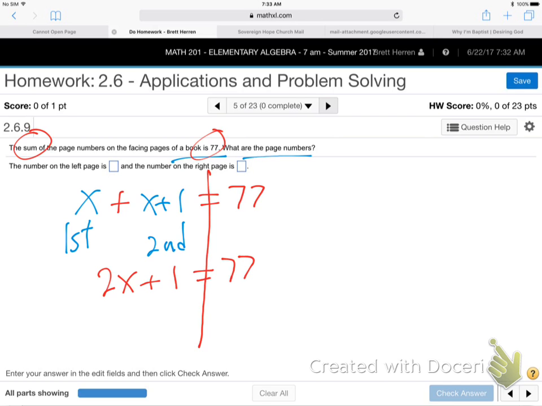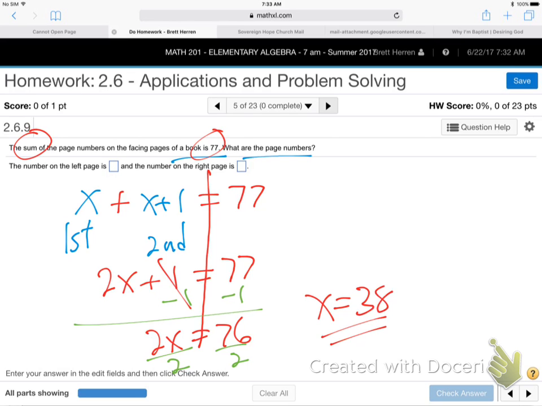And then x is saying I want to be alone. Subtract the 1, because you're gone. 2x is 76. Last step to get x alone: divide by 2. X is, what's that, 38? So the page numbers are 38 and 39, aren't they? Because it's x, and it's x plus 1, right?